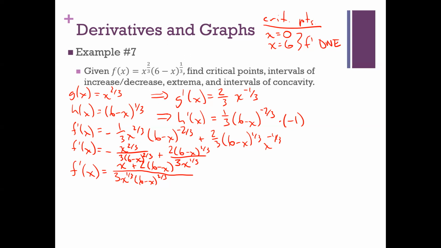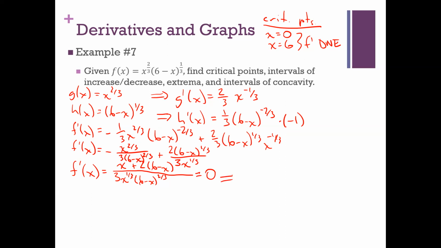How about, is there a place where the derivative will equal 0? How can I find that? Simplify the numerator. Right, so this will only equal 0 when the numerator equals 0.